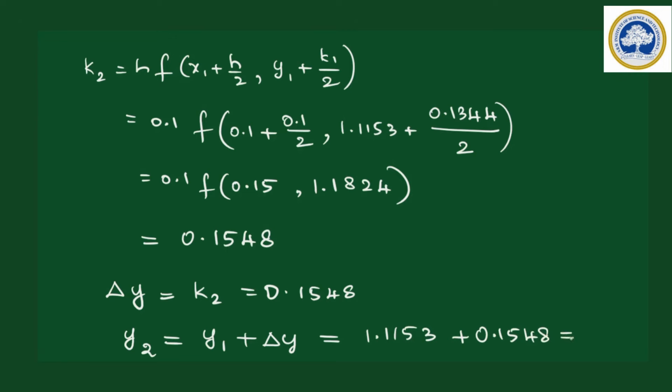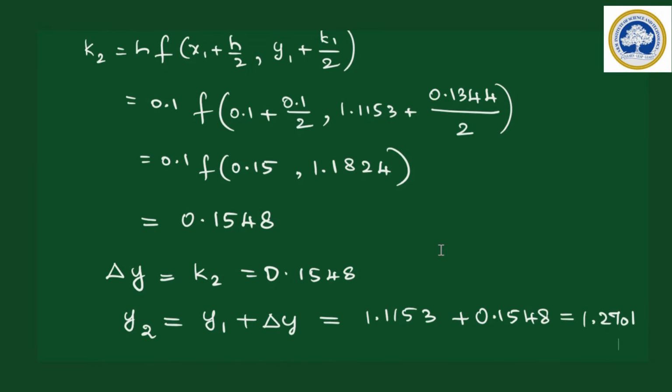So the final answer is 1.2701. So finally we can conclude that y of 0.2 is equal to 1.2701. This is the value for y of 0.2.